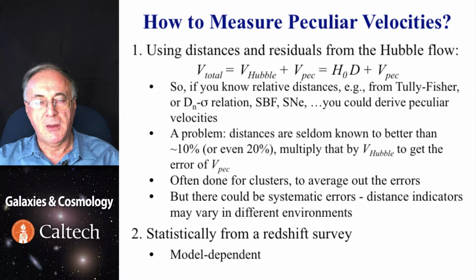Now, for the most part, peculiar velocities are commensurate with Hubble velocities only in the nearest universe. And if we go further, say, beyond the local supercluster, most of the velocity is due to Hubble expansion. But the fractional error of the distance times that velocity gives you the absolute error of the peculiar velocity.